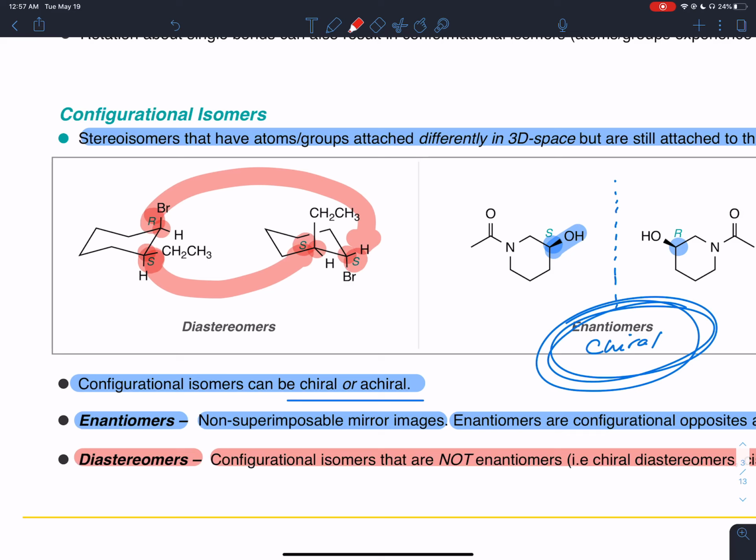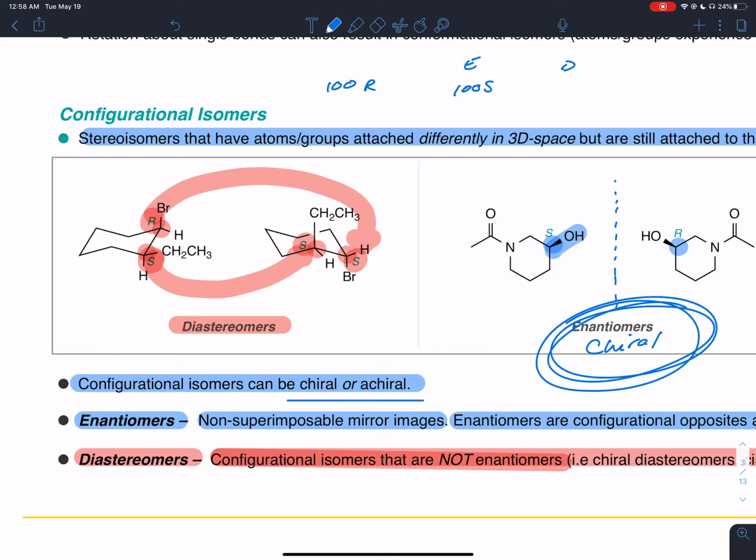The point here that I want to make is that they are not configurationally opposite like enantiomers would be, and they are not configurationally identical, right? So they're not the same, and they're not complete opposites in configurations. They're somewhere in between. That's in essence what a diastereomer is. It is a configurational isomer that is not an enantiomer. So you could have 100 asymmetric centers in a molecule that are R, and its enantiomer would have 100 S configurations. They would be complete opposites at every asymmetric center.